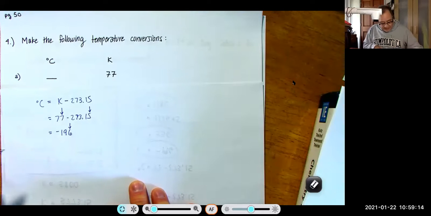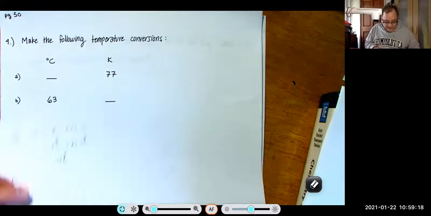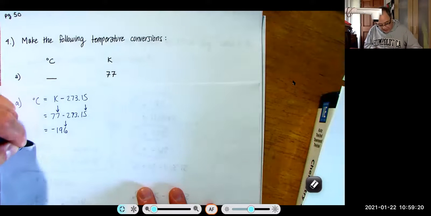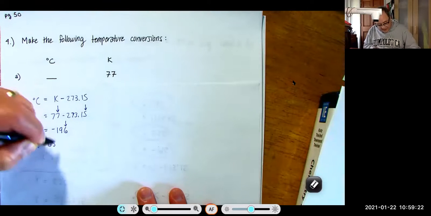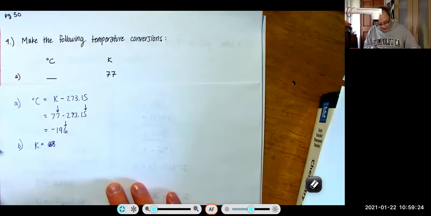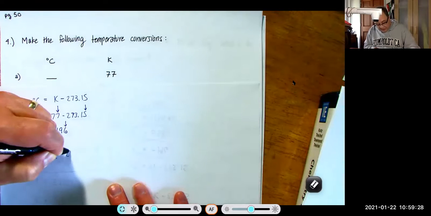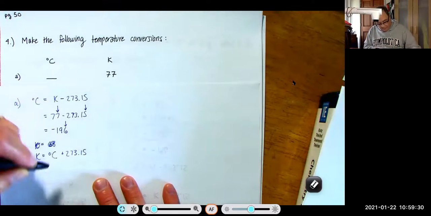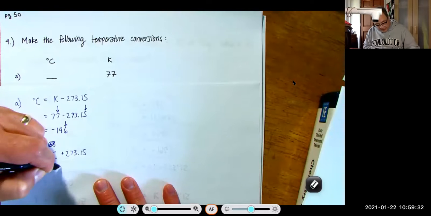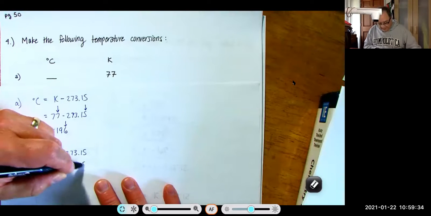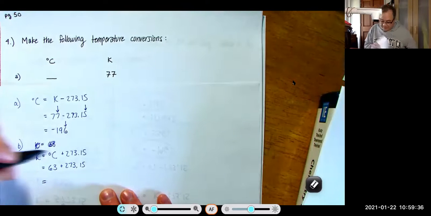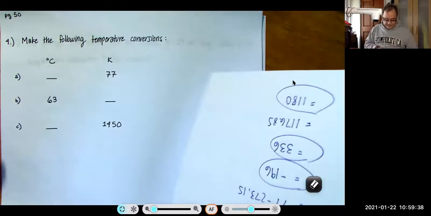Okay, that's A. For B, we have 63. So Kelvin is going to be 63. And here, let me write out what I would want to see. Kelvin is degrees Celsius plus 273.15, which is 63 plus 273.15, which is 336.